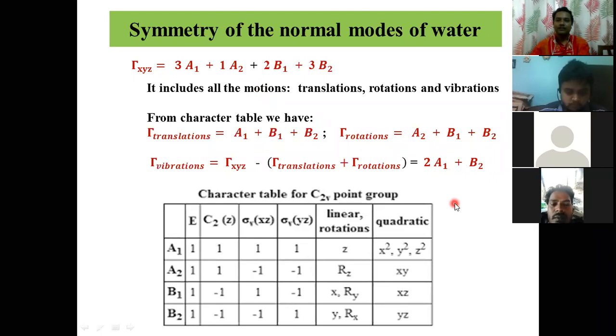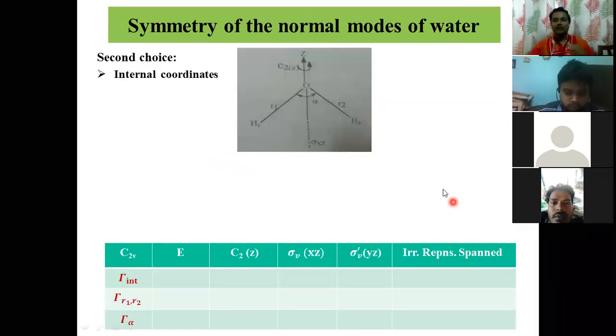Okay, let's go to the bond coordinates, right? So if I take this water molecule, now forget about Cartesian coordinates. Of course, my z-axis will go along this, but other than that, I'm not going to worry about the Cartesian coordinates for the time being. So we'll go for the bond coordinates. Oxygen is here.